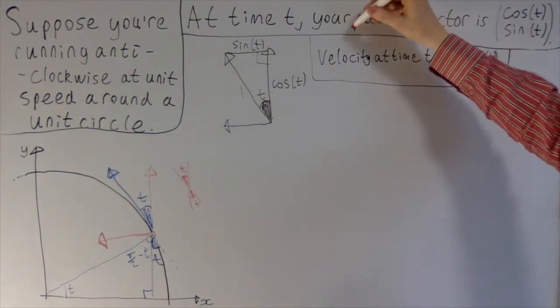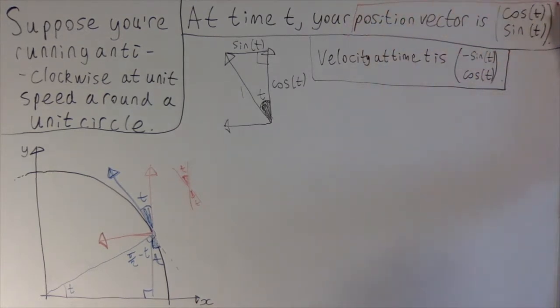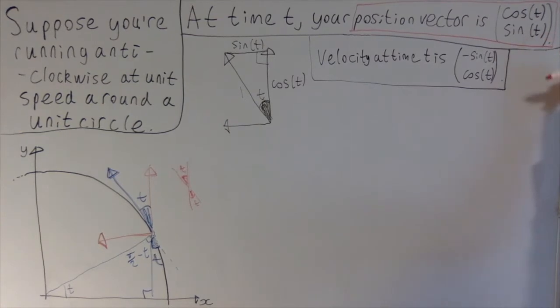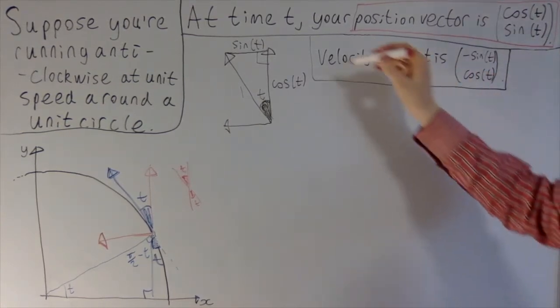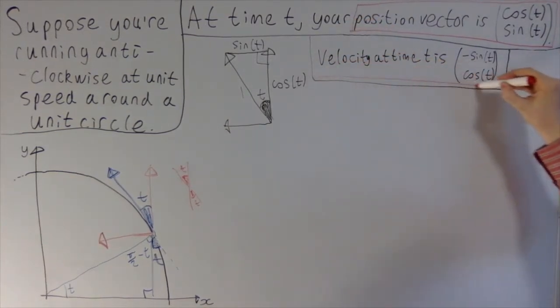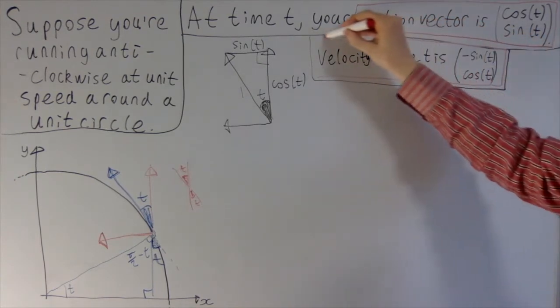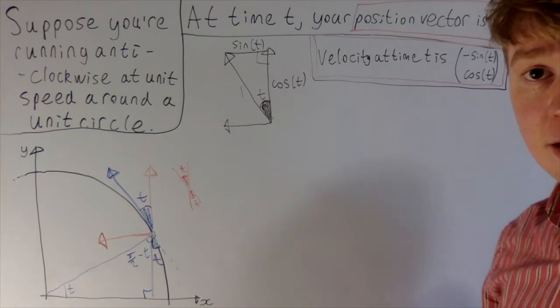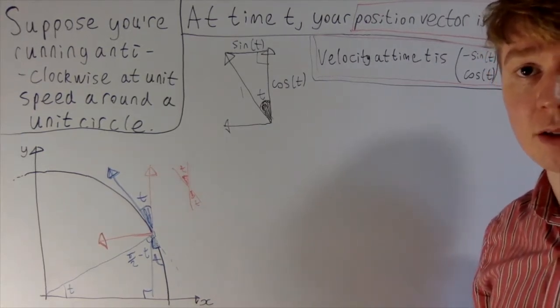But this is actually really useful now, because you know that your position vector is given by cos t in the x direction and sine t in the y direction, and you know that your velocity then is minus sine t, cos t. Well, what is the velocity? All the velocity means is the rate of change of your position.